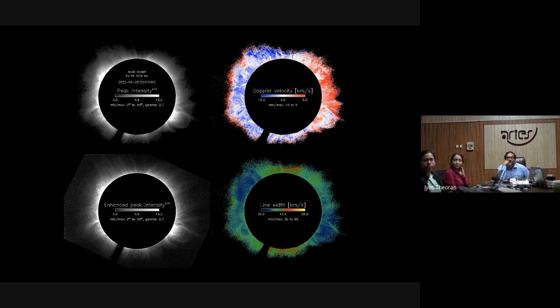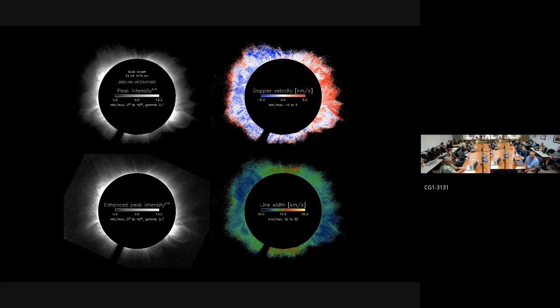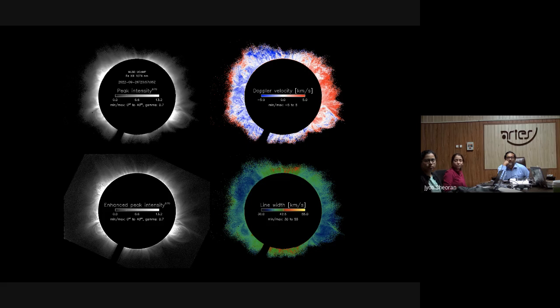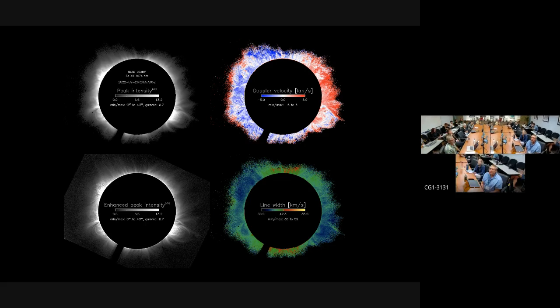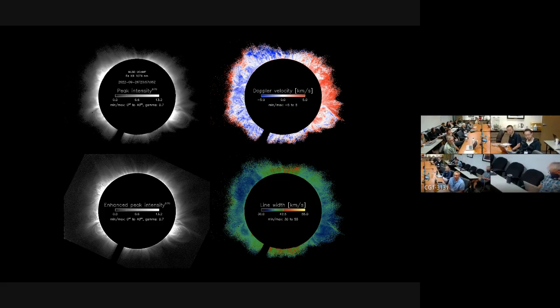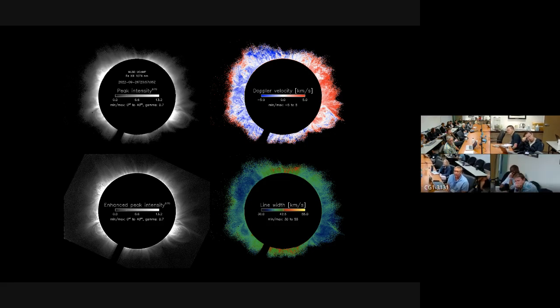If I understand your question, the red to the right and the blue to the left is mostly the rotation of the corona. So can't it be corrected? Well, it can be corrected, but it's a little difficult. It turns out that there are a lot of velocities not associated with rotation, and they're as large as the rotational component.